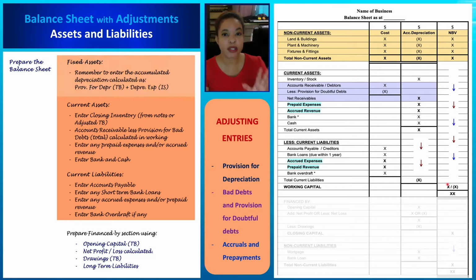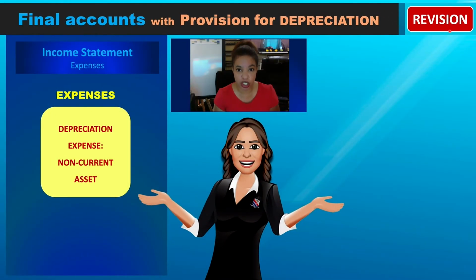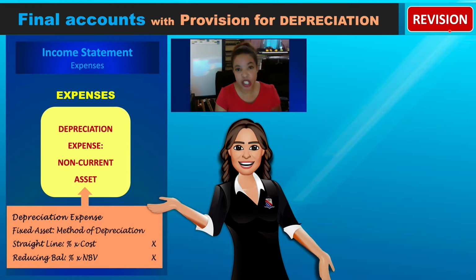But for now, we are starting the balance sheet, of course, with your non-current assets, which, as we said just now, deals with your provision for depreciation. The depreciation expense, or the annual depreciation, would have already been calculated and entered in your income statement based on the method, whether it was straight line or reducing balance method.